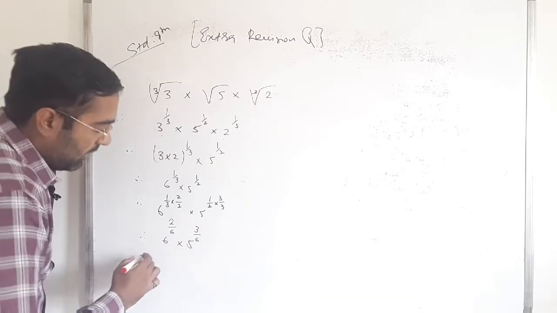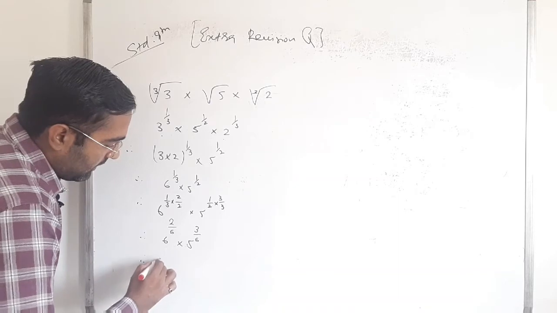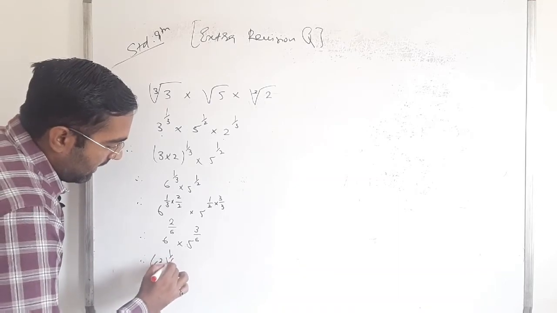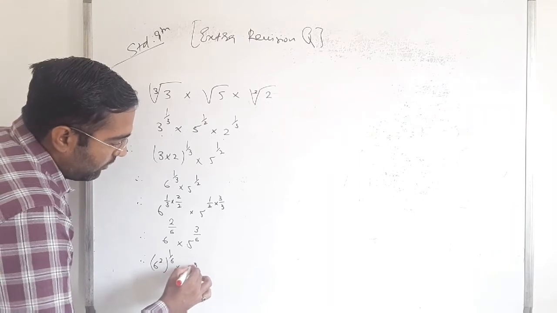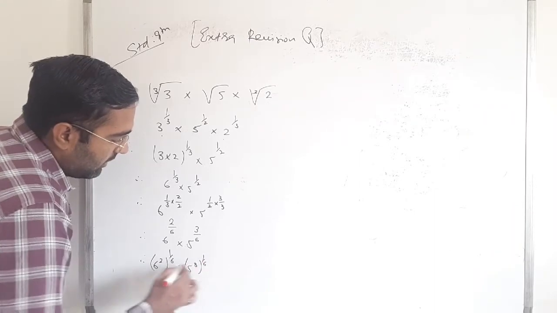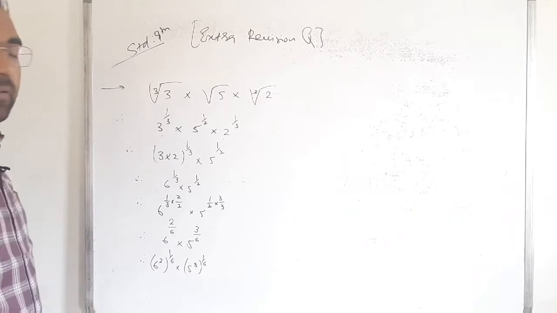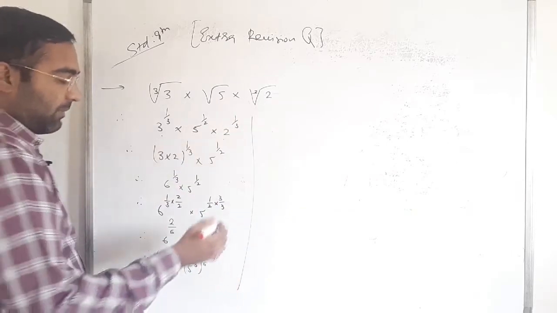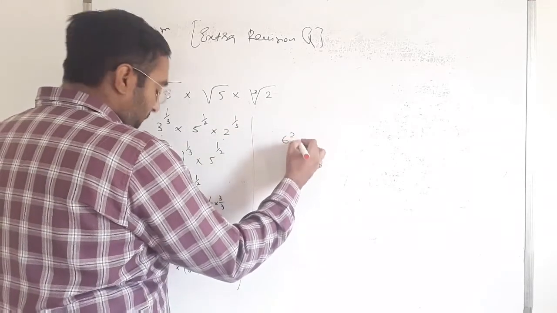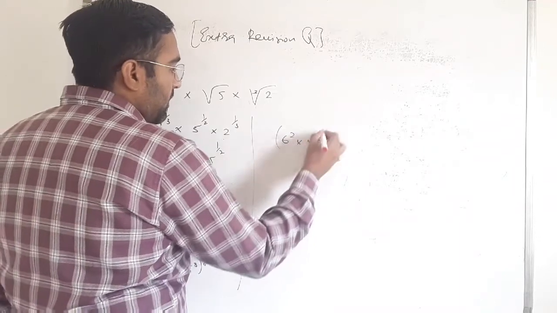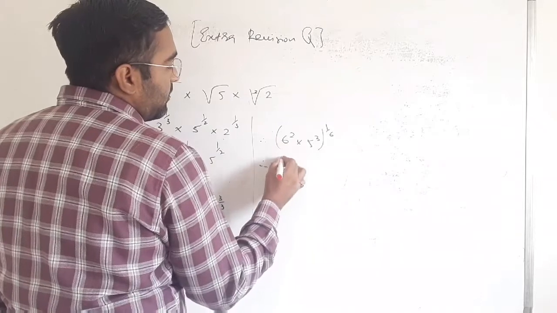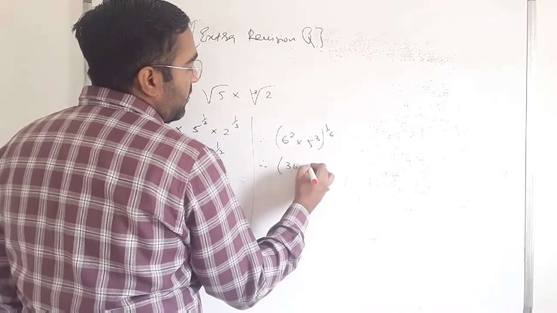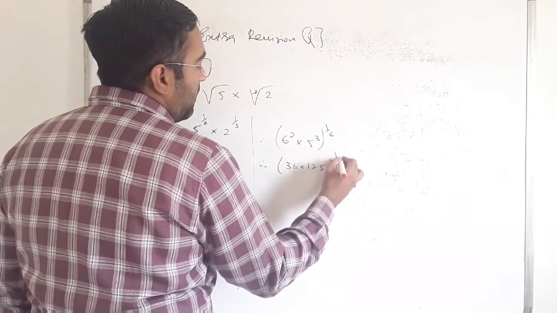So now 6 square raised to 1 by 6 into 5 cube raised to 1 by 6. Both have the same power, so we multiply the bases: 6 square into 5 cube, raised to 1 by 6. 6 square is 36 and 5 cube is 125.